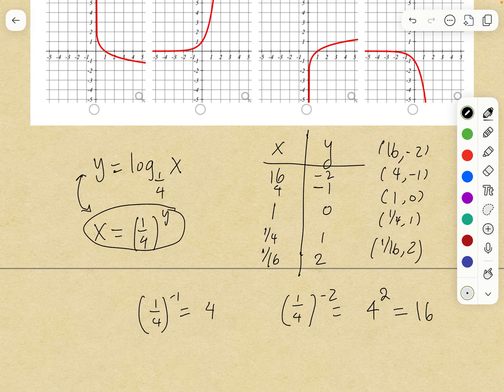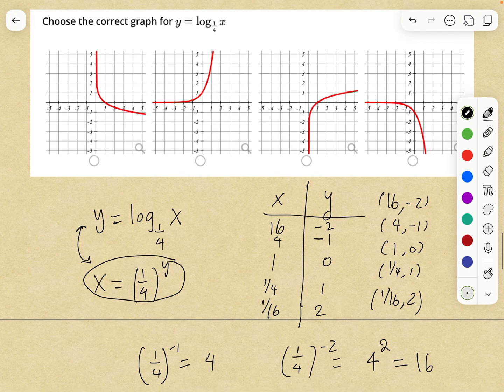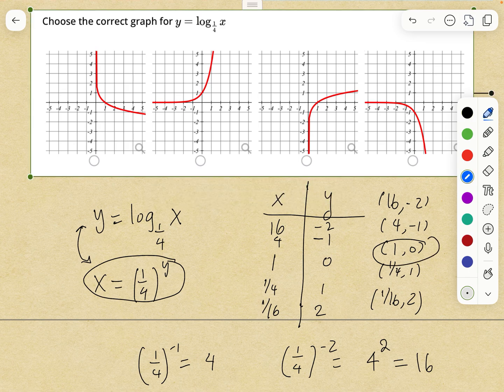The question is to look now at the four graphs and decide, okay, which curve passes through those 5 points? Well, it certainly must go through (1, 0), right? That's one of the points on our graph. And if you look at the first one, it does go through (1, 0).